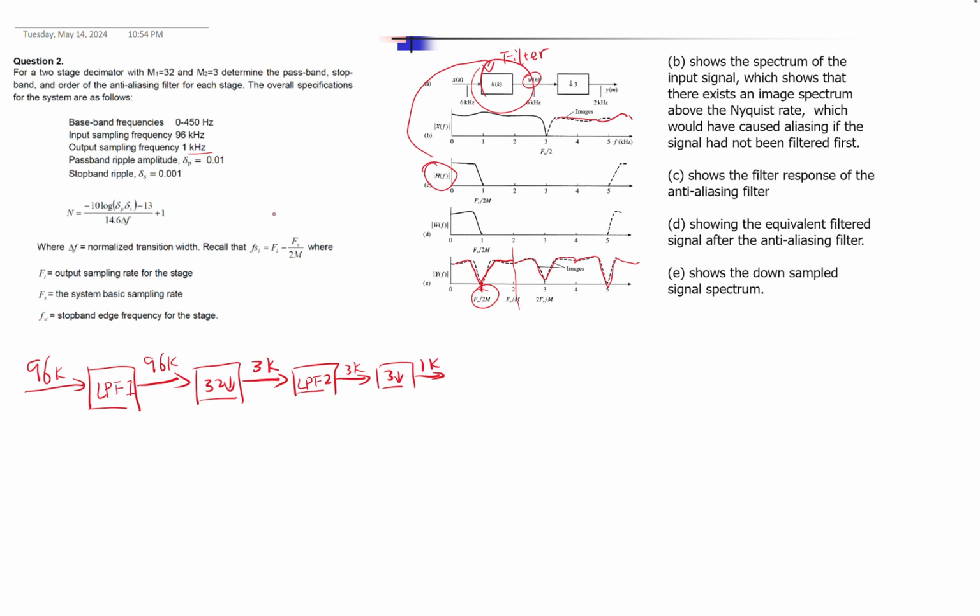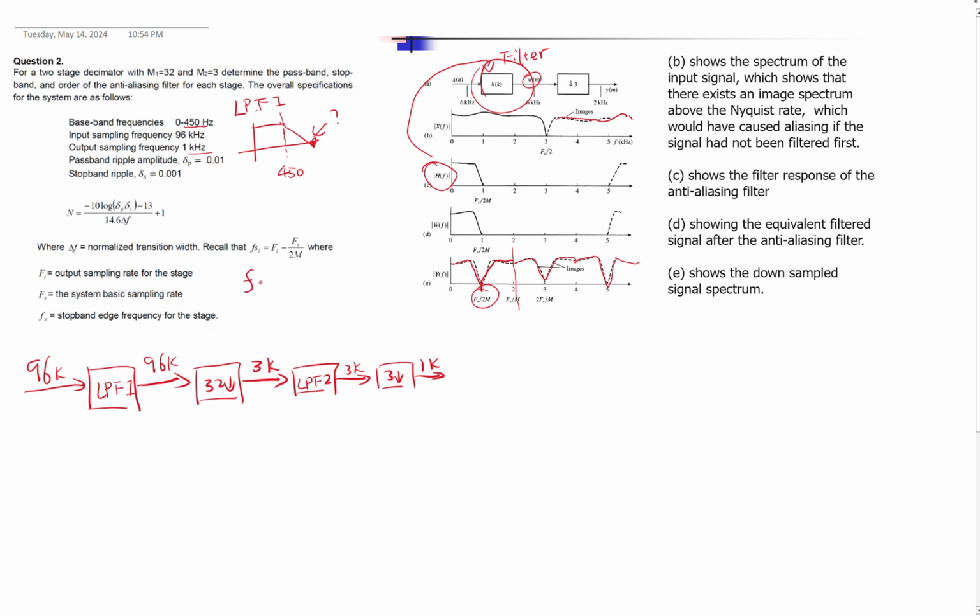Let's look at the first filter, low pass filter number 1. What we do know is the passband edge is 450 hertz, because the passband frequency is this. What we don't know is this one, the stopband edge frequency for this stage.